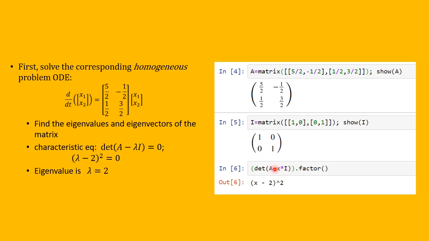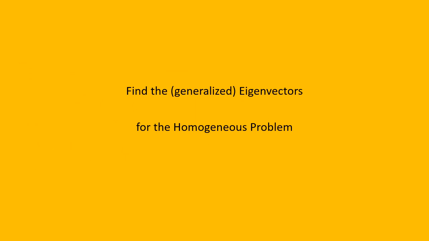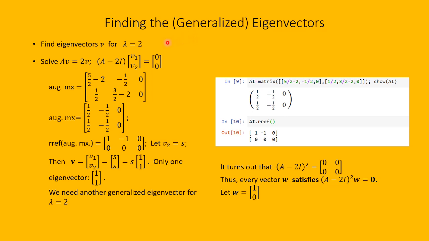When we factor that polynomial, we get (x - 2) squared, which is what we have here: the determinant of A minus lambda I equals 0 simplifies to (lambda - 2) squared equals 0, giving us that eigenvalue. So we only have one eigenvalue, lambda equals 2.